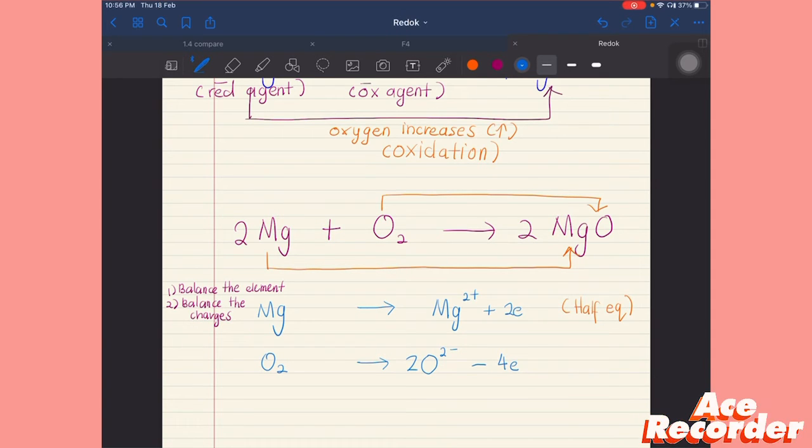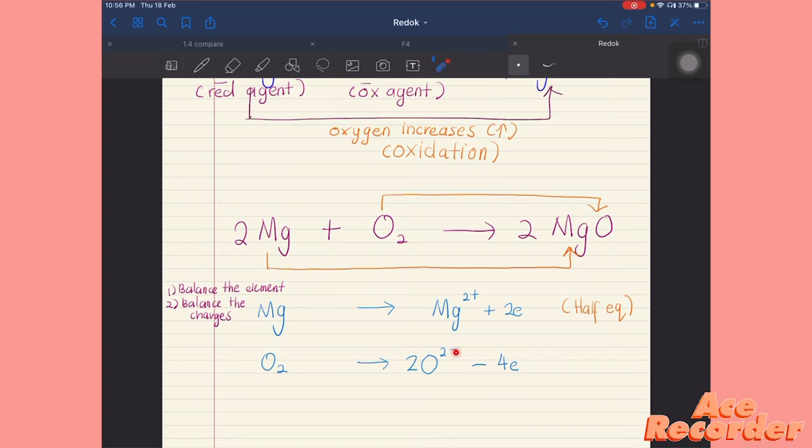Okay, but in chemistry, we don't have such thing as minus electron. Just imagine this. You already donate money, 5 ringgit. So the money is not with you anymore. Someone already has your money. So therefore, you cannot put the money into your record because the money is not with you anymore.